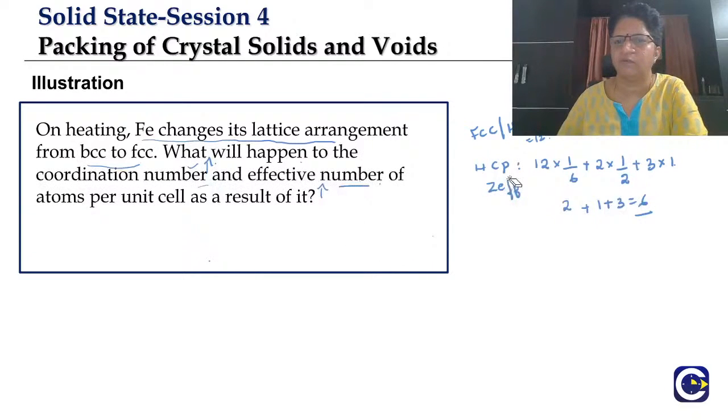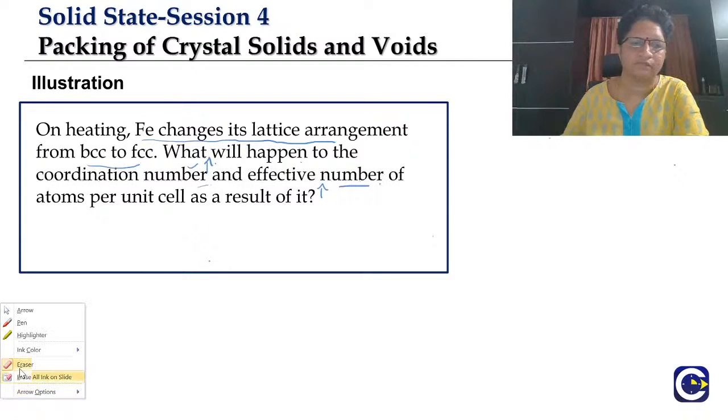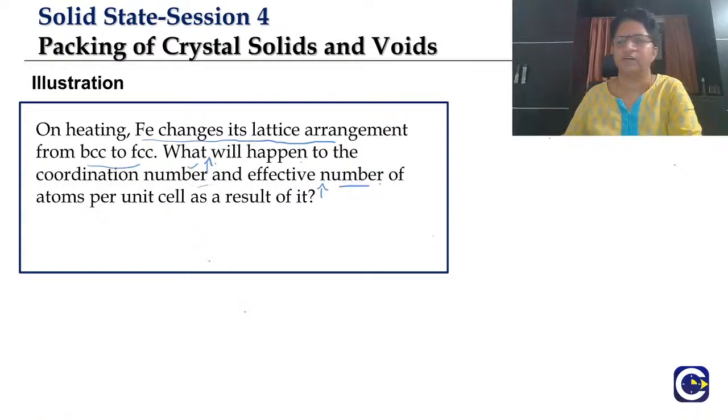Any calculation you want me to repeat? Maithili, do you want me to repeat anything? Any explanation that you want me to repeat, I'll repeat it.